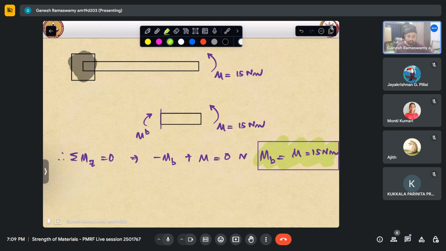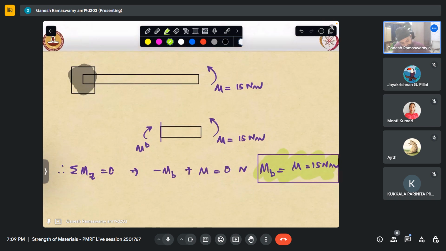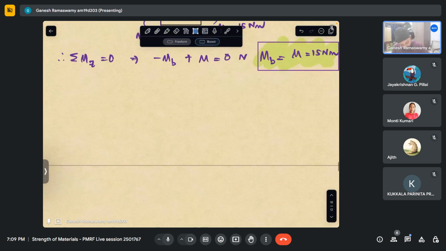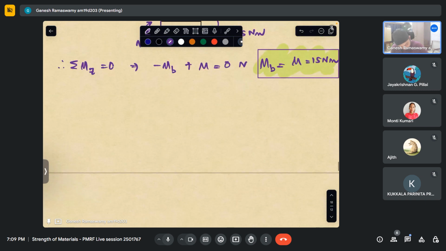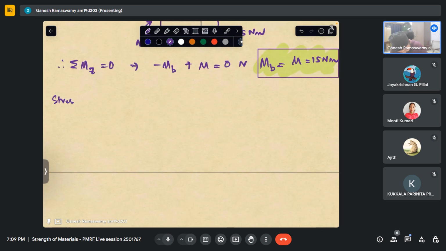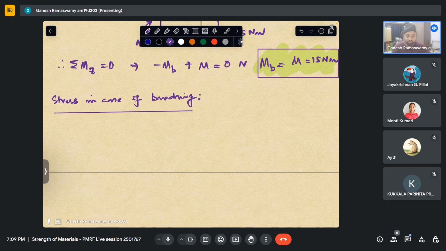Now I know that stress in the case of bending can be given by our flexure formula, which is sigma x is minus Mb by Izz into y. So this much I know.